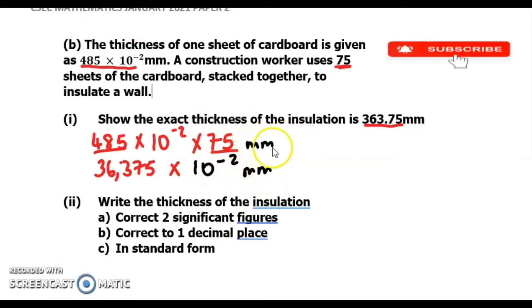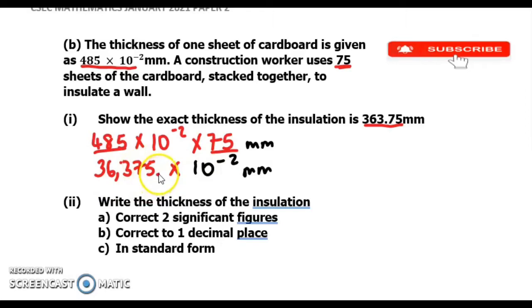Remember your units. To continue to work this question, we are now going to change the information that we have here. We're going to move the decimal point because we know that this is a whole number. So we have 36,375 and 10 to the negative 2. In order to convert that to a whole number, we'll have to move the decimal point 2 places to the left.